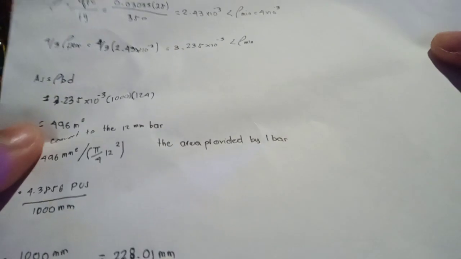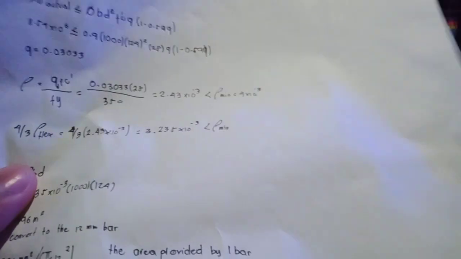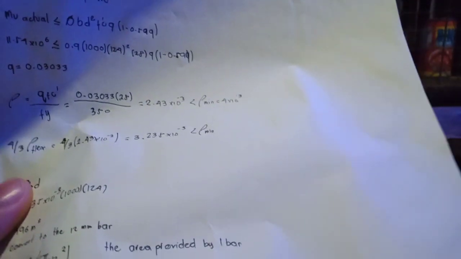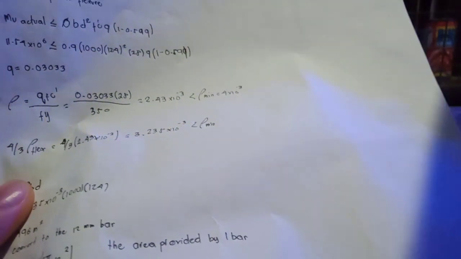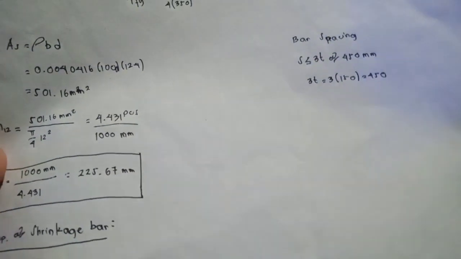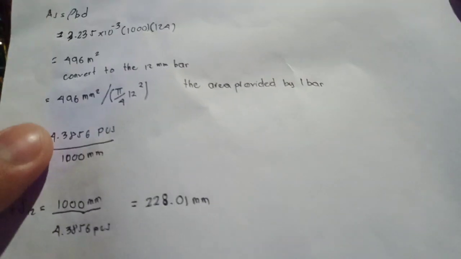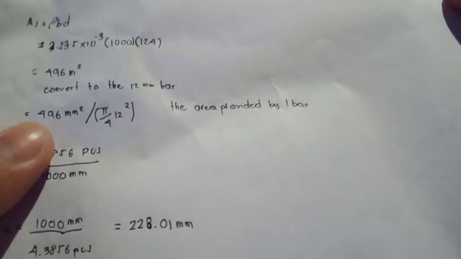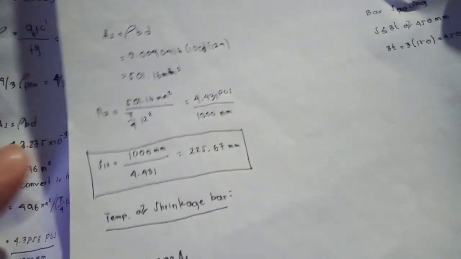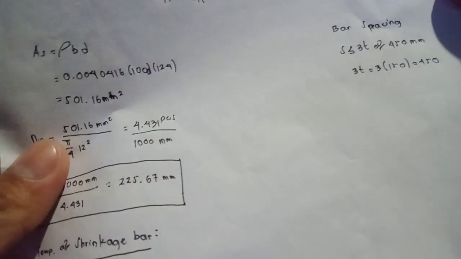And our spacing, as we can see, must be less than or equal to 3t. So our spacing is equal to 228.01, and the maximum is 450.